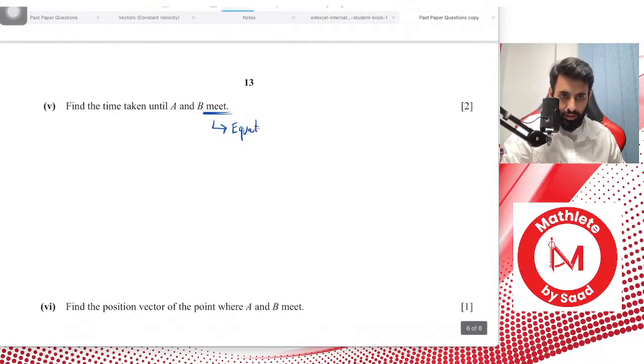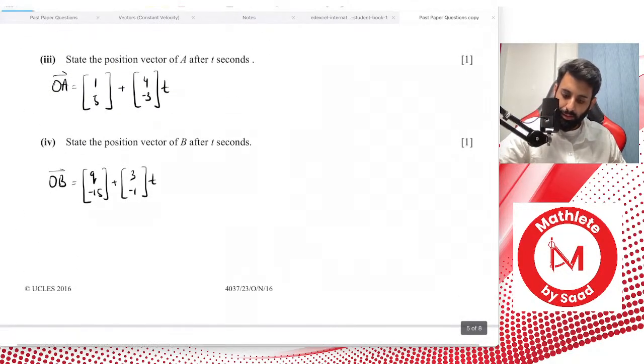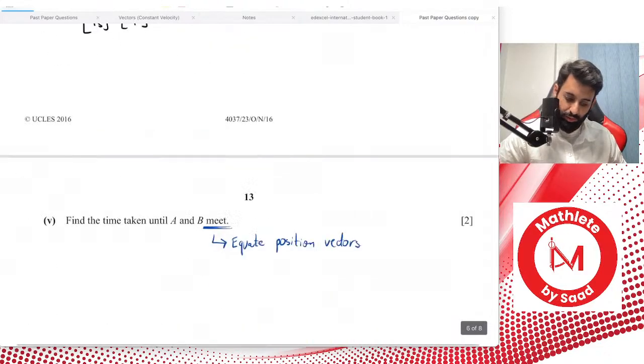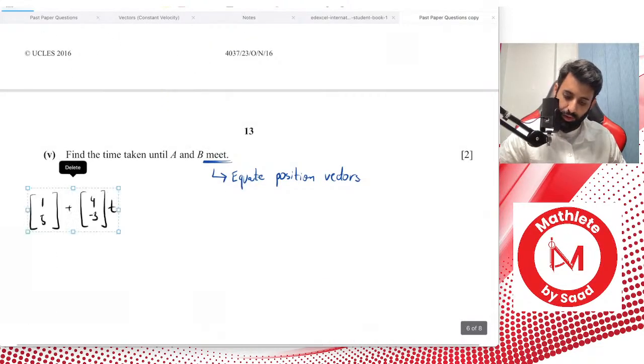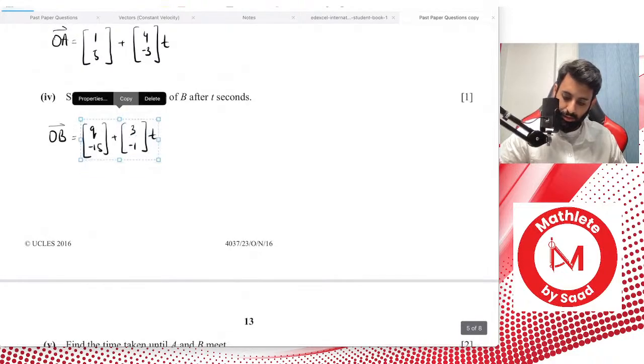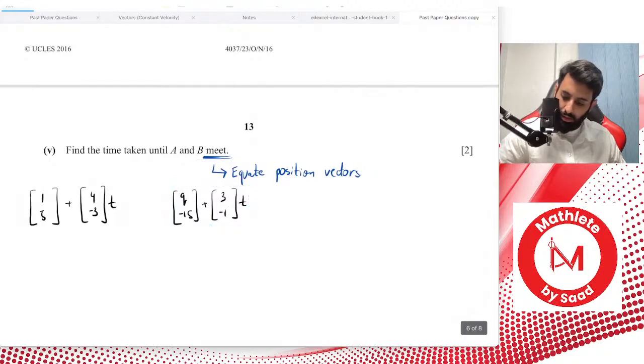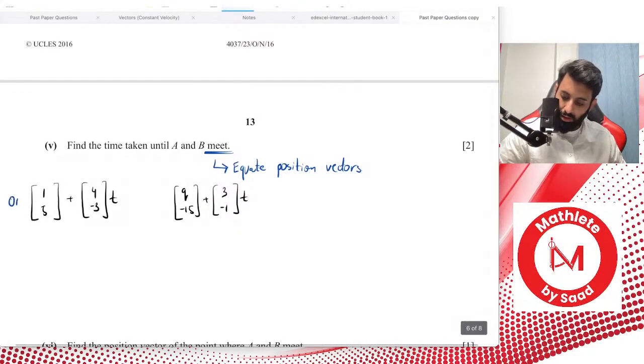So you equate position vectors. All right, now, so we have the position vector of A. All right, let's copy paste that. And we have the position vector of B. Let's copy paste that. So here's OA and here's OB.